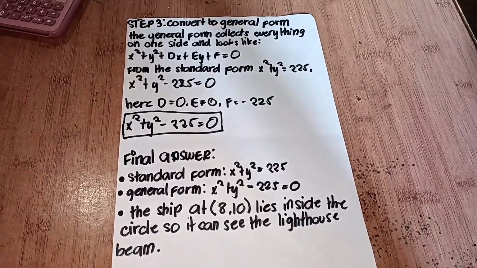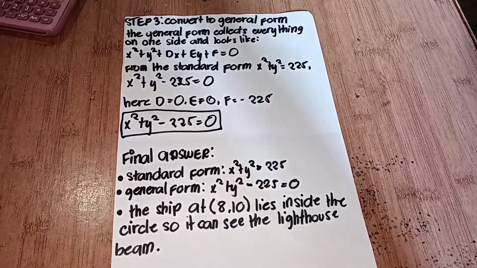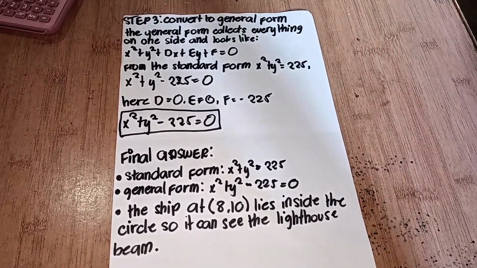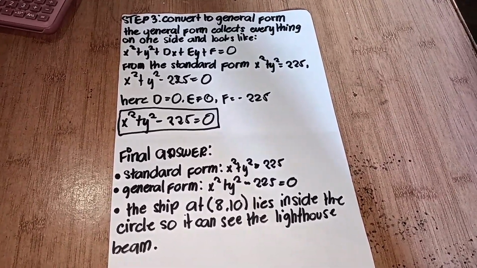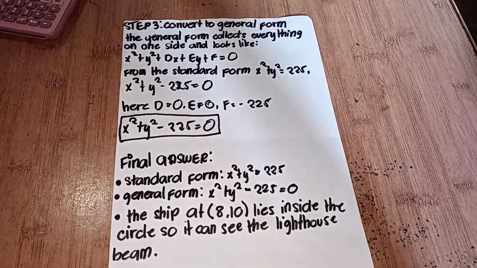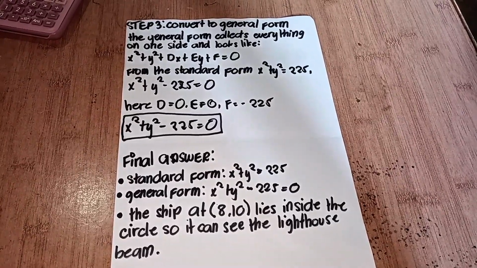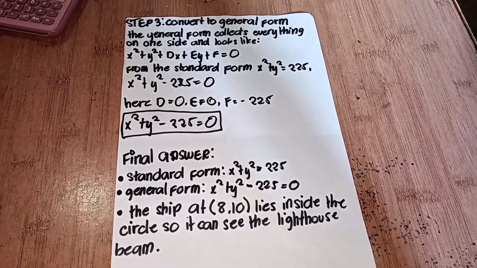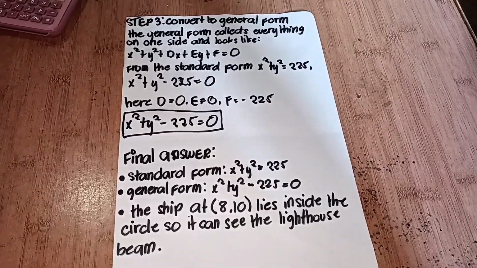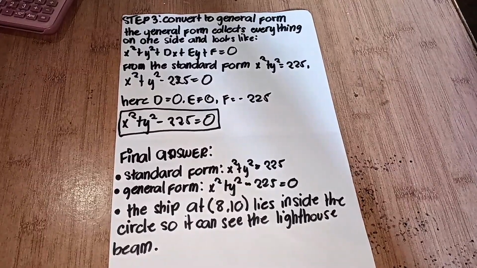Now we are going to solve for the general form. Step 3: convert to the general form. The general form collects everything on one side and looks like x squared plus y squared plus dx plus ey plus f equals 0. From the standard form, x squared plus y squared equals 225, so x squared plus y squared minus 225 equals 0.